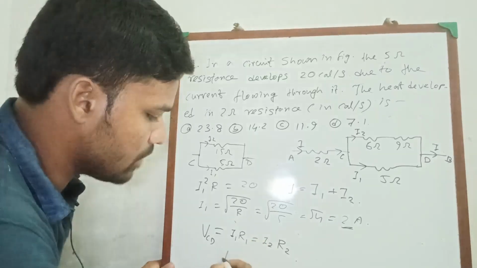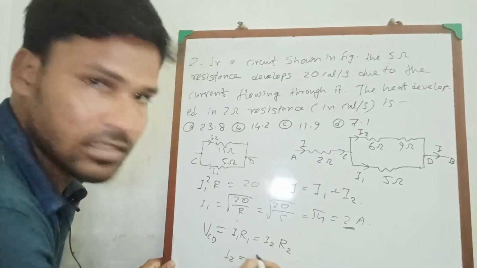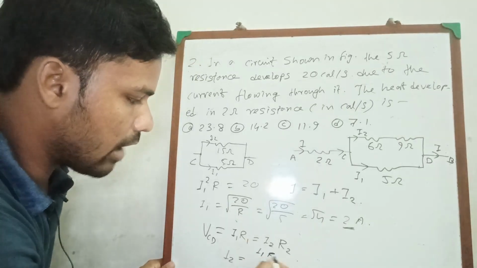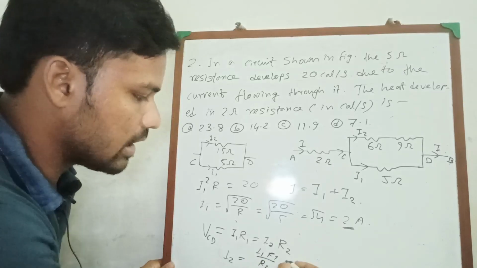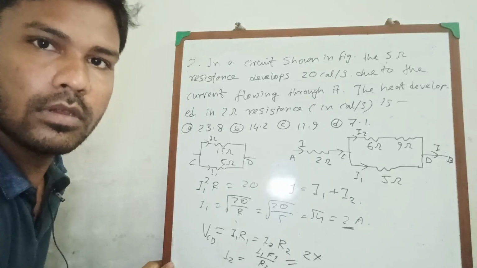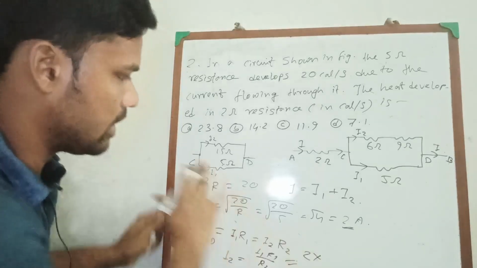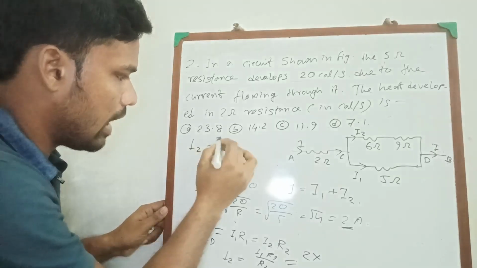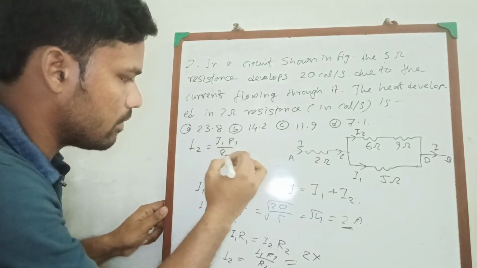So what is the value of I2? I2 means I1 R1 divided by R2. What is the value of I1 here? 2. I just write over here, I2 equals I1 R1 by R2.